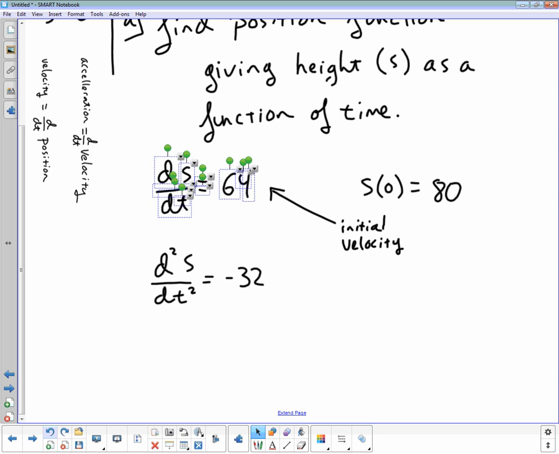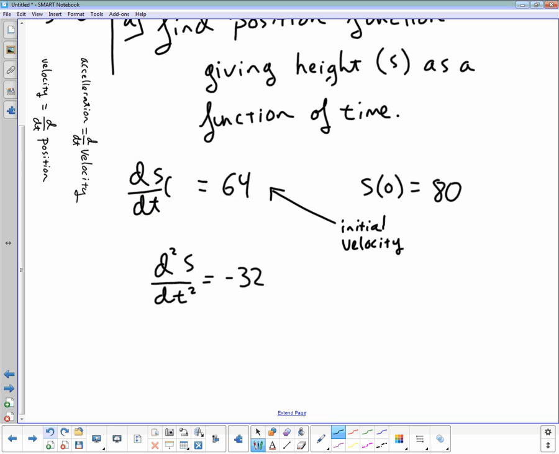And I'm just going to be a little bit more specific here. The derivative at 0, okay, when the height is 0, at the initial time. All right.